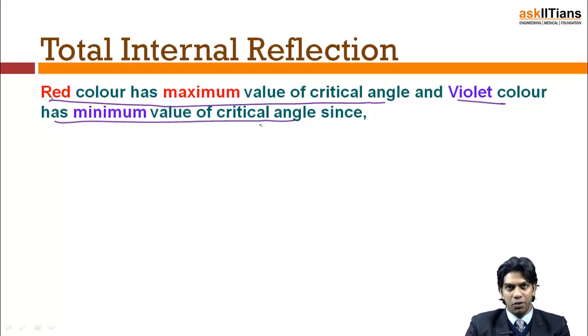So if you change your wavelength, your critical angle might change. So hence red, having the largest wavelength, has a maximum value of critical angle, whereas the violet, having the least wavelength, has the minimum value of critical angle.